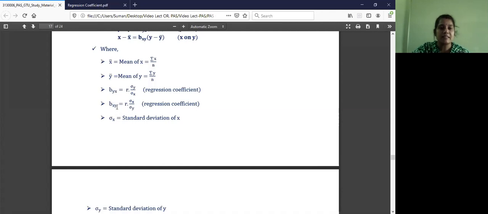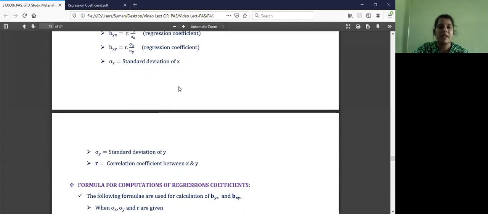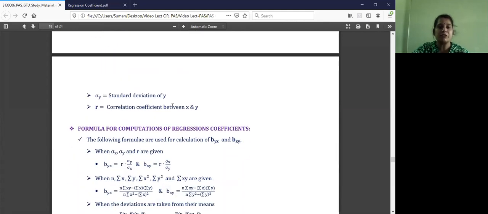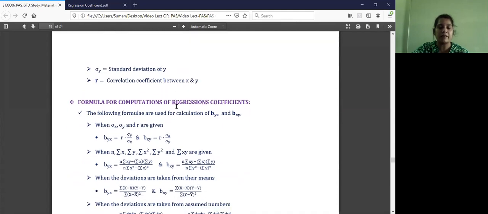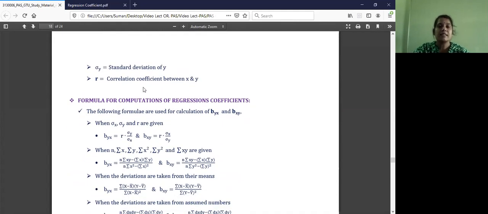Here the last variable is y, so in the denominator we write sigma y. Sigma x is the standard deviation of x and sigma y is the standard deviation of y. Small r is the correlation coefficient between x and y.